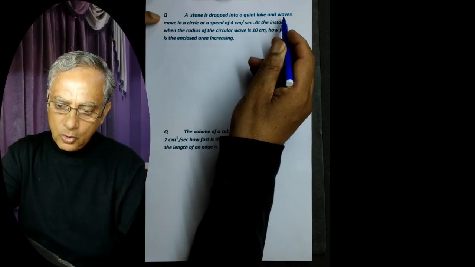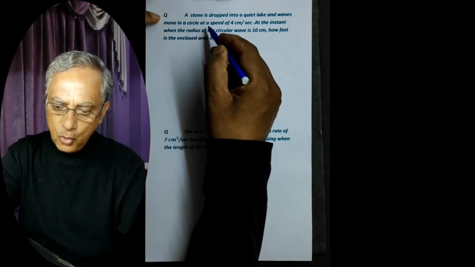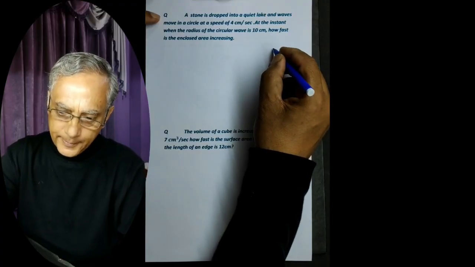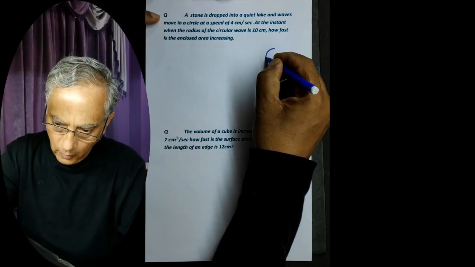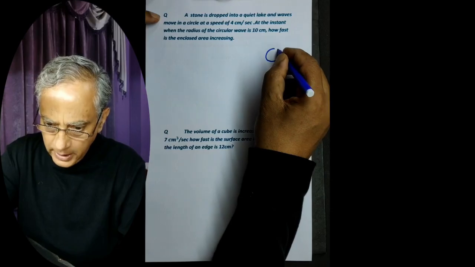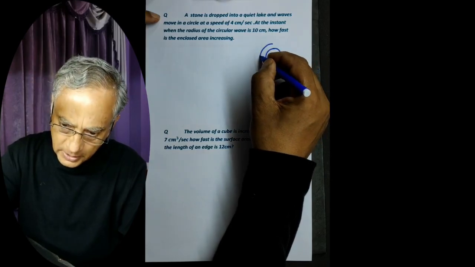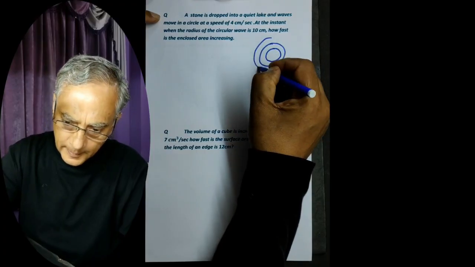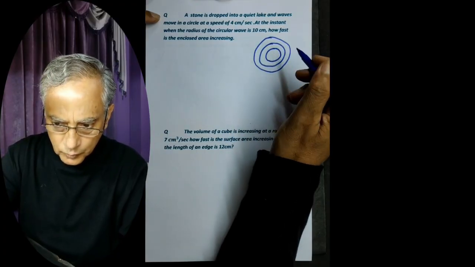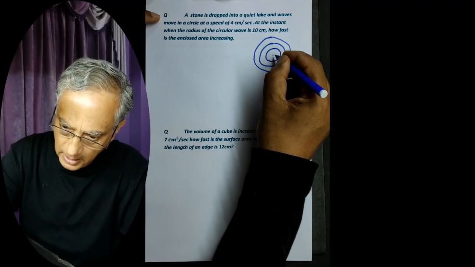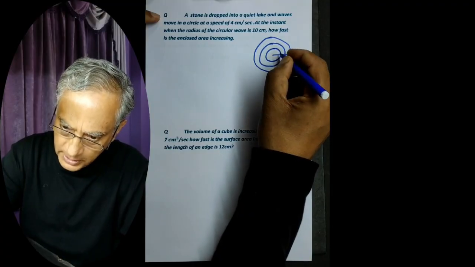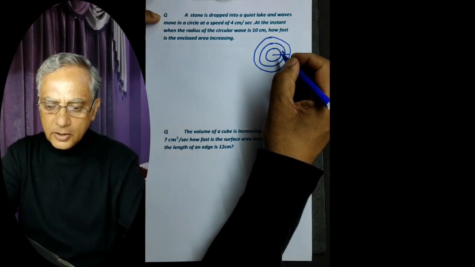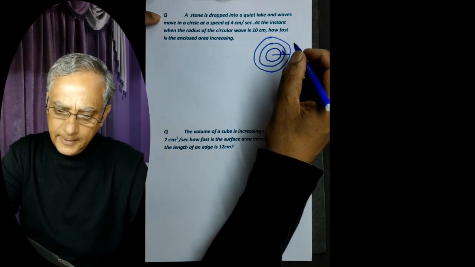Now let the stone be dropped into the lake and these be the circles that are formed. Let r be the radius of the circle at any time t.